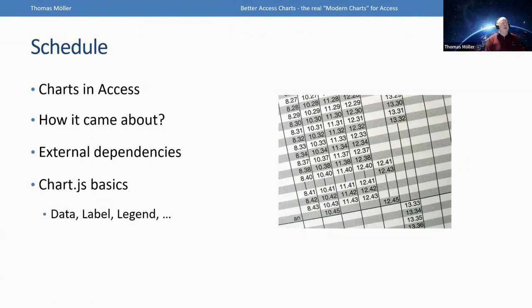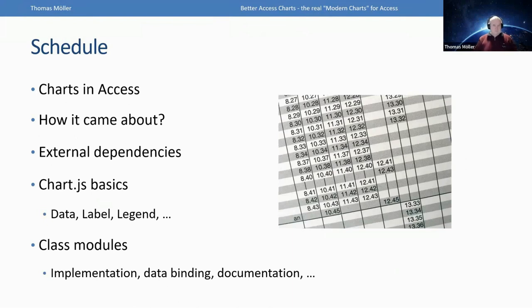I have to make you a little bit familiar with the basics of Chart.js, only the basics. And at the end, I will show you some class modules I wrote, and I will show you how easy it could be to have an implementation in your own database. So that's what we are looking for.